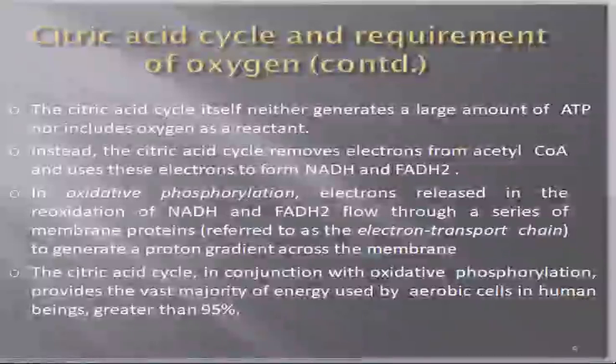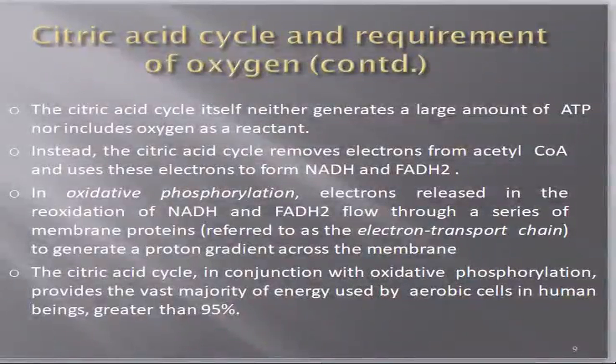None of the chemical reactions of the TCA cycle requires oxygen as a reactant. Neither do we come across a step in the TCA cycle generating ATP directly, nor are large amounts of ATP generated within the TCA cycle. Only 1 GTP molecule is synthesized.